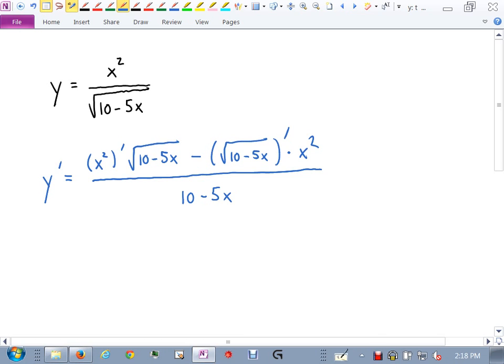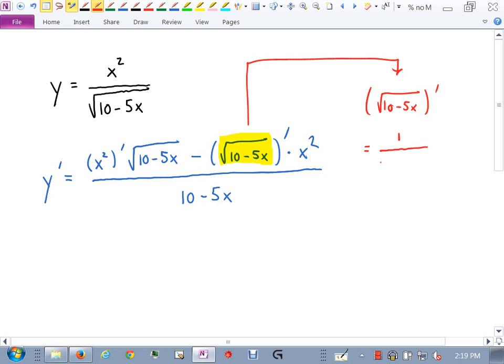Are you ready for that derivative over here? What's the outer layer of that onion? Square root, right? So the square root of something is going to be 1 over, so I think I'll do this one right here. When I take this square root of 10 minus 5x, and I take its derivative, it'll be 1 over 2 square root 10 minus 5x.